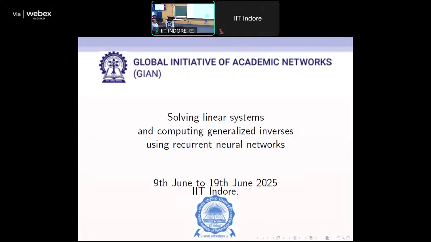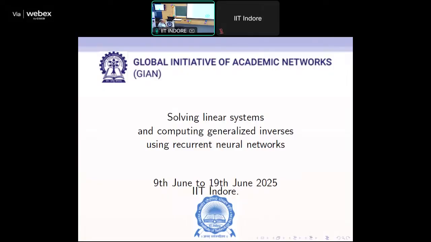Okay. Thank you. We spoke about 3 parts in our course. First part is generalized matrix inversion. Second part is about nonlinear optimization. And the third part is about gradient neural networks and zeroing neural networks.